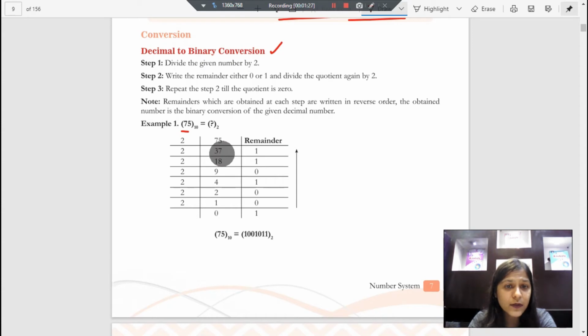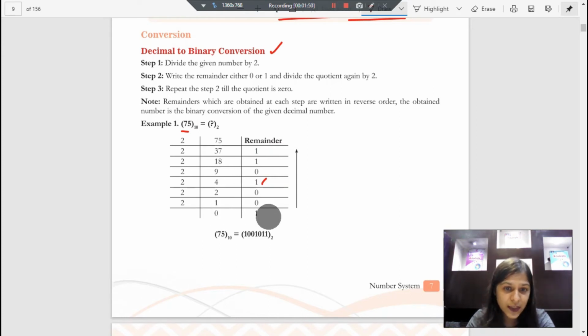Now we will again do that with 2. So 18, 1, then 2 9s are 18, 0 is remainder, 2 4s are 8, 1 is remainder here, 2 2s are 4, 0 remainder, 2 1s are 2, 0 remainder. Now we will take 0 here additionally. Why have we done it?